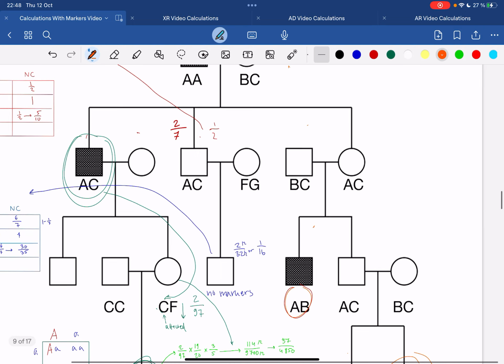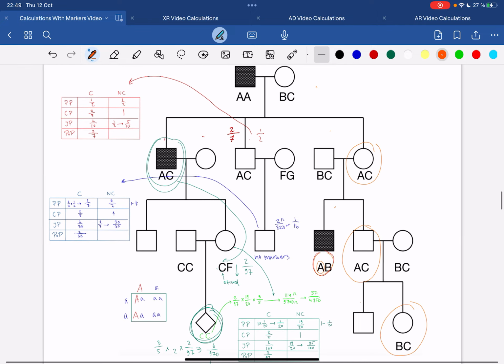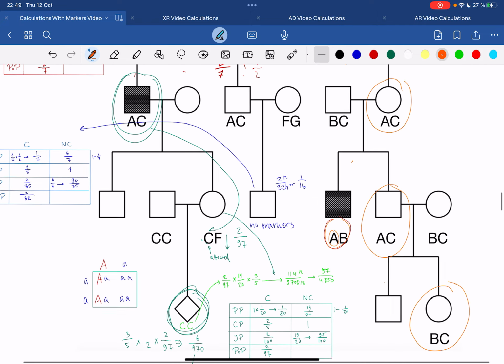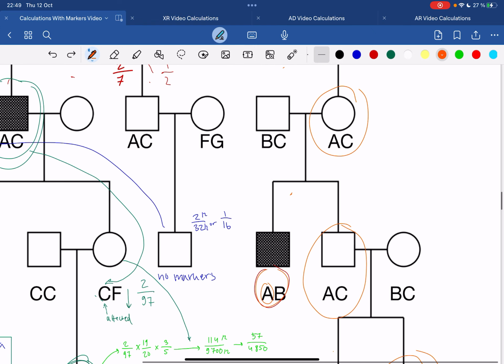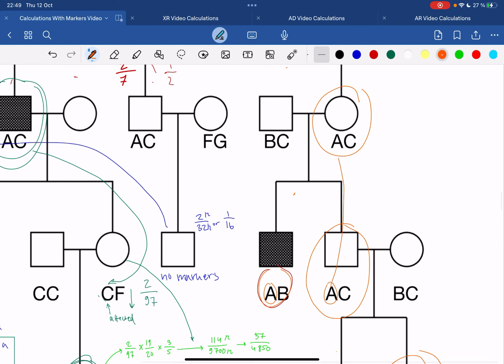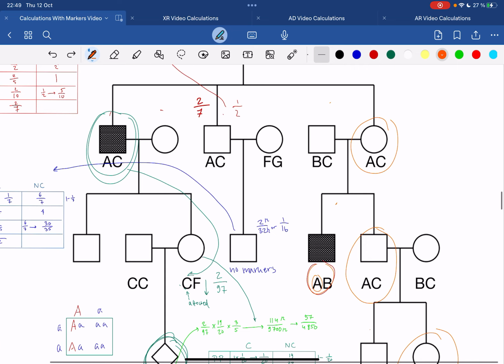Now the mom could have given it to this son right here. However, there's still a low risk for this child to have had a crossing over occurring, because again, the only chance for this child to get this pathogenic marker would have been if he got it from his mom. But this A could still be a C undercover, right? So we need to draw a Bayesian table here.